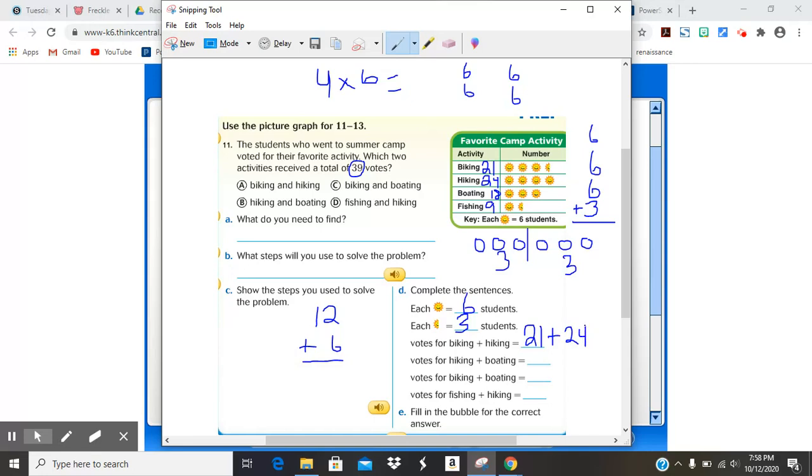And then I see hiking and boating. So hiking is 24. And I look at boating and it's 18.